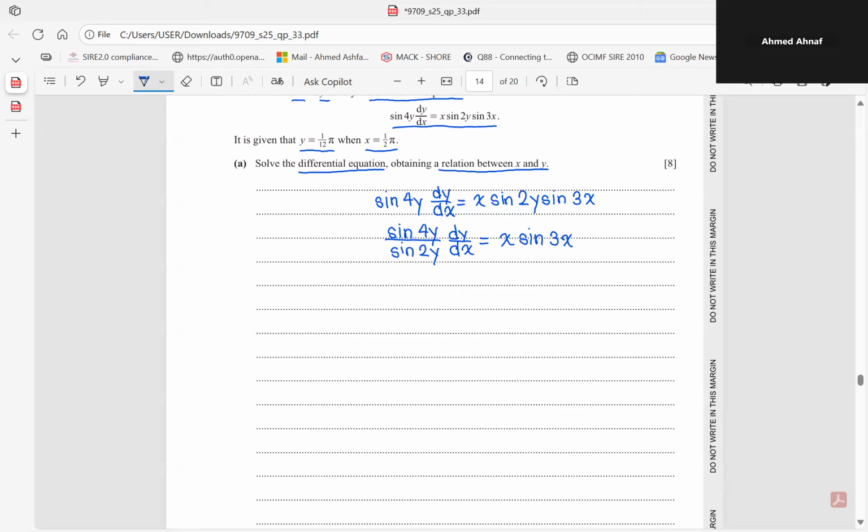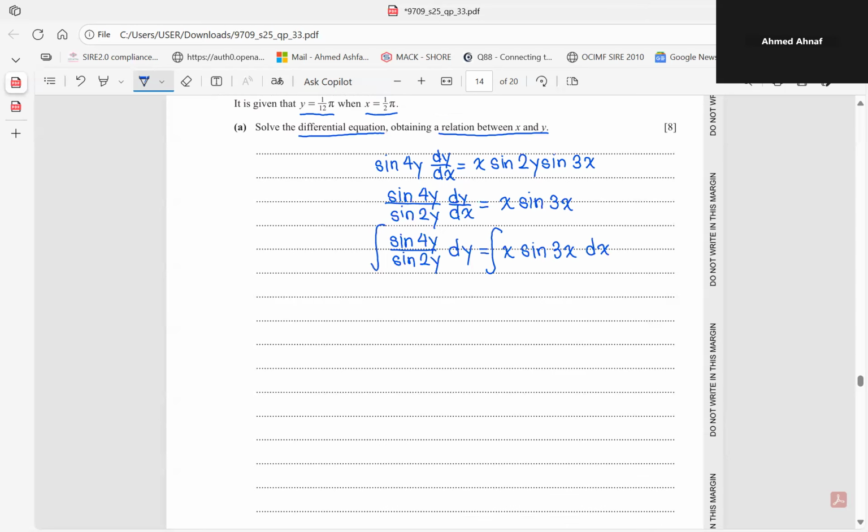And now we're going to multiply dx on both sides. So this is sine 4y over sine 2y dy equals to x sine 3x dx. And now we can integrate both sides.